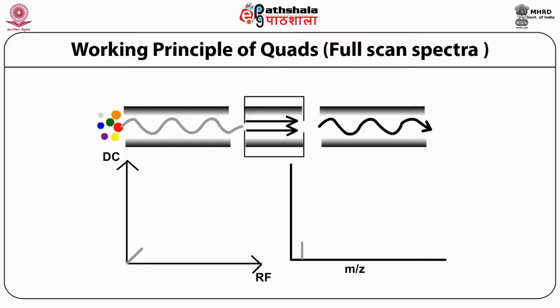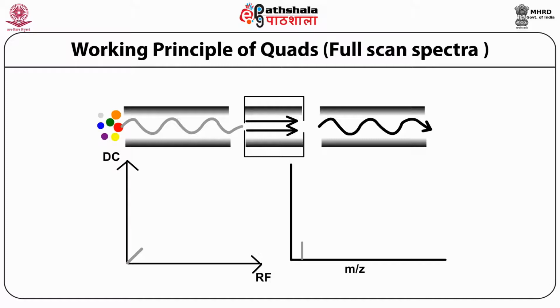So this causes fragmentation of the original ion, which gives rise to smaller fragments, what you see in the quadrupole 3.